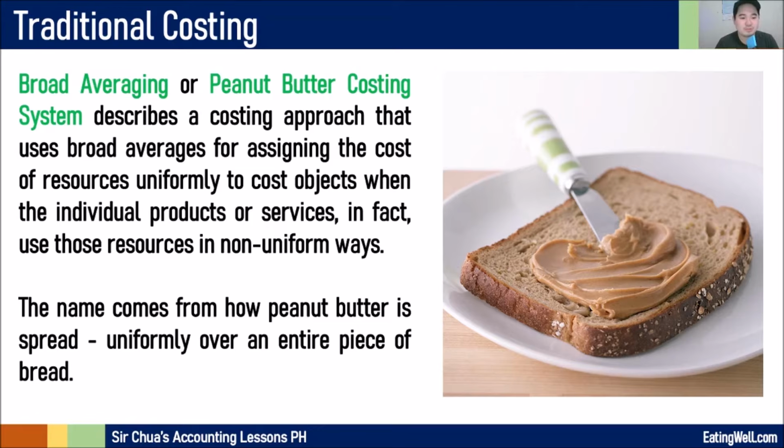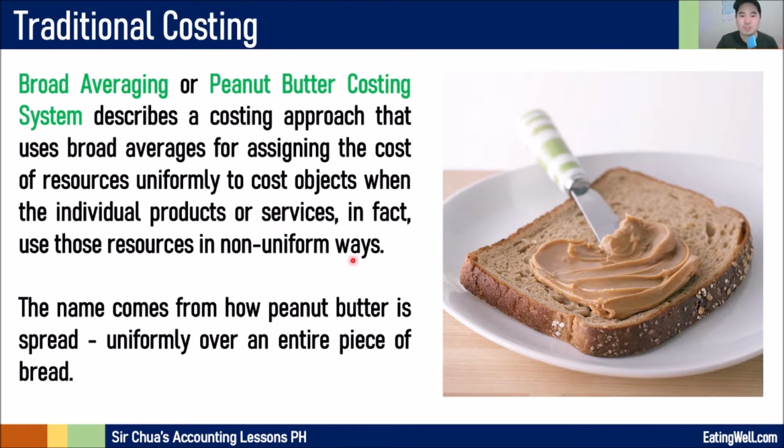However, the problem in traditional costing is that we actually use those resources in non-uniform ways. Some products use more of it. Some products use less of it. So it might be unfair to our products if we just allocate them the same level of cost. That's what happens in traditional costing.